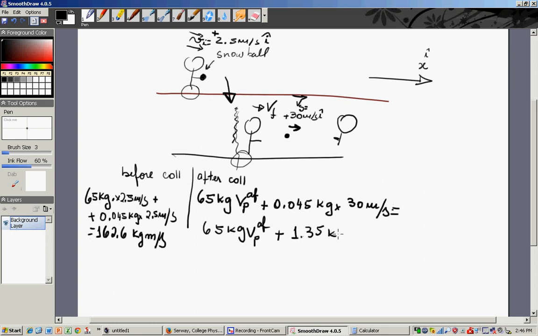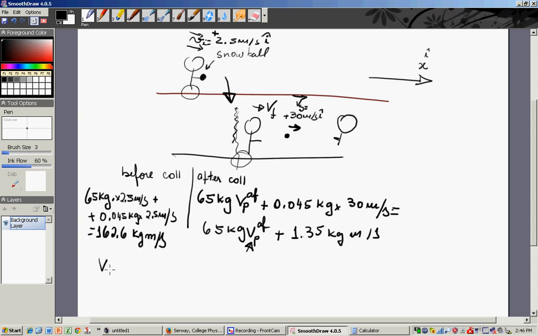So see how nice it is. I have a number, and I have an unknown. I can solve for the velocity of the person after collision.